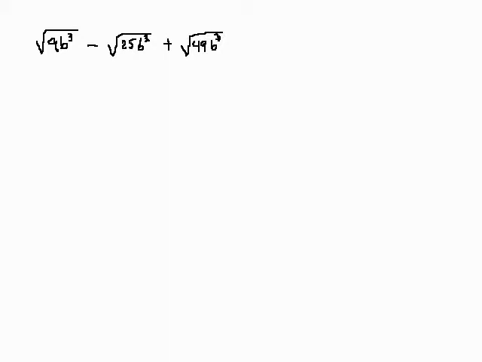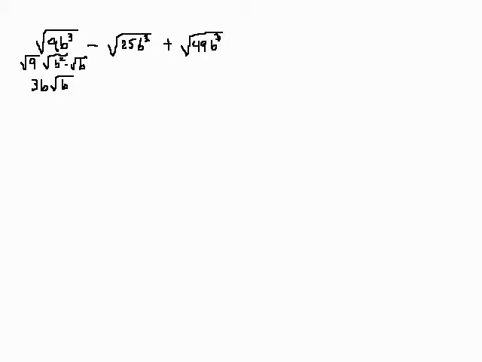I would say number 1, because remember, if you want to simplify this one, the square root of 9, we already know what that is. The square root of b to the 3rd, we can break apart into the square root of b squared times the square root of b. So the first radical would simplify, square root of 9 is 3, square root of b squared is b, so we're getting all of those square numbers out of there to simplify square roots, times the square root of b.